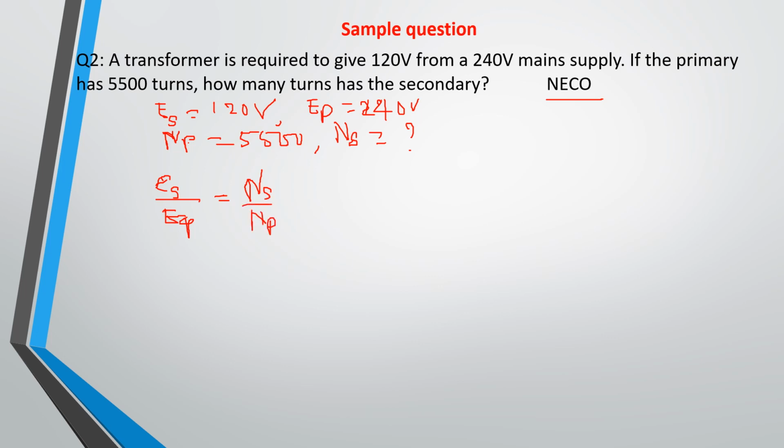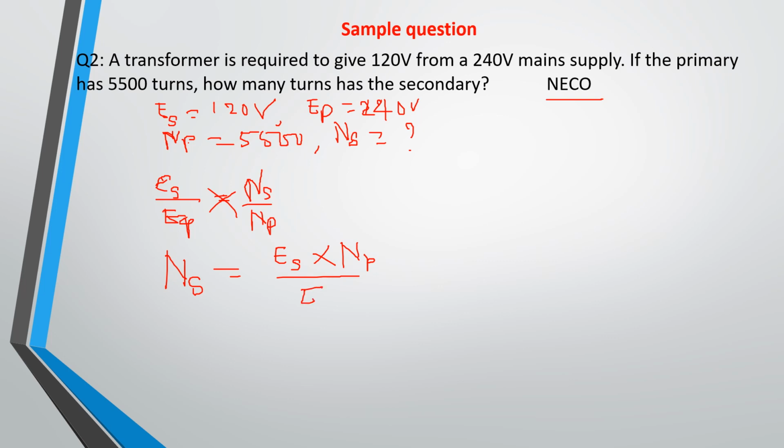We have ES, we have EP, we don't have NS, we have NP. So we can make NS the subject of the formula, because that's what we're looking for now, the number of turns in the secondary. If you cross multiply, the number of turns in the secondary will be equal to this times this, all over what?